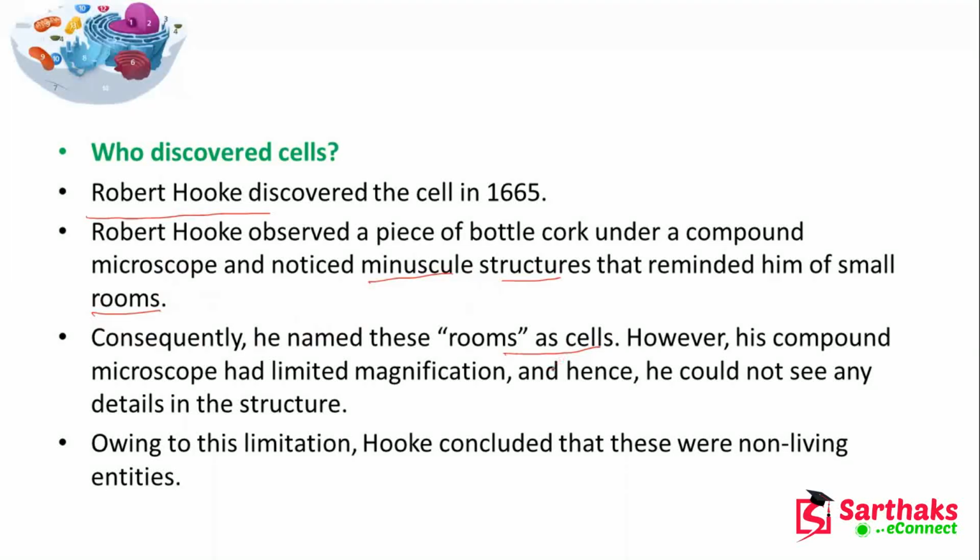His compound microscope had limited magnification, so he could not see the detailed structure. Owing to this limitation, he concluded that these were non-living entities. The cork was non-living. So he noticed some minuscule structures, like small rooms, and he gave the name cell.